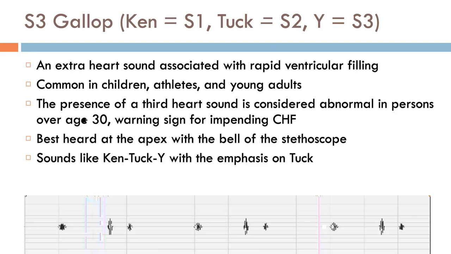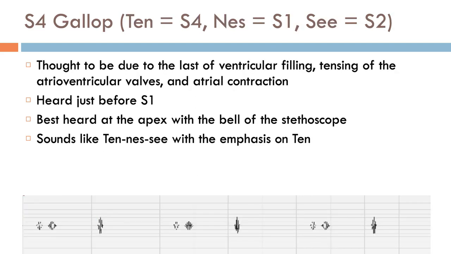Versus the S4. The S4 is on diastole. What's happening during ventricular diastole? The atria start constricting, and the ventricles are getting the filling. So they're trying to fill. On an S4, once you get the atrial systole going, it's squeezing blood into a stiff ventricle.